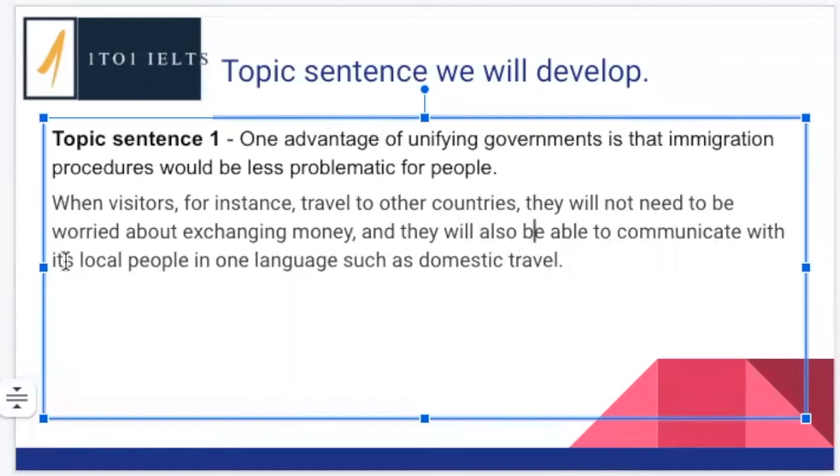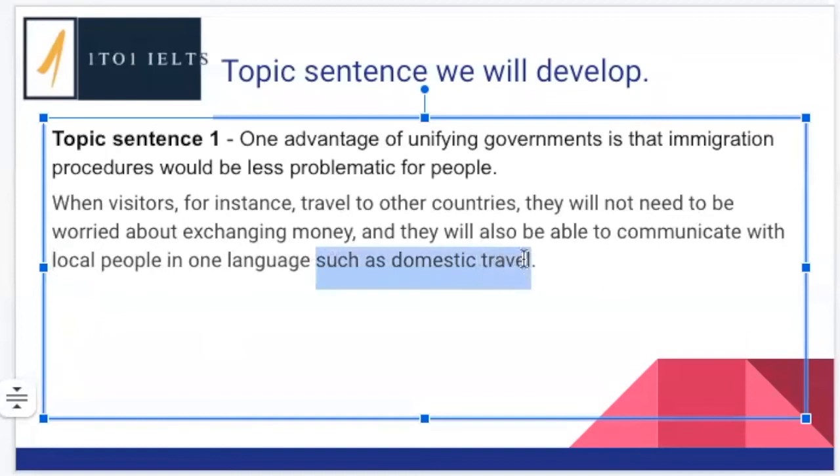Its local. So we don't know what it is referring to. So simply, I think we can talk about local people in general. They will also be able to communicate with local people in one language. So, such as domestic travel. This doesn't make sense. What are we trying to say here?